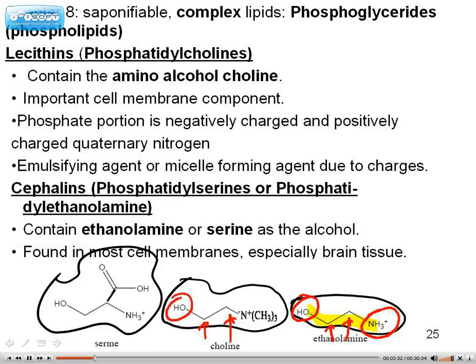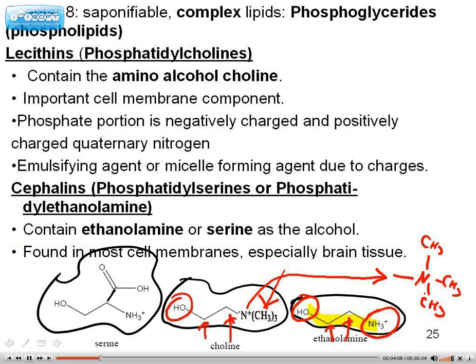Notice you have an alcohol on one side, and on the other side, instead of a traditional amine for primary, you'll actually have 3 methyl groups that are attached. So we actually call this, the fancy word for this is a tertiary amine, actually a quaternary amine, excuse me. So that's the main difference right here between an ethanolamine and a choline.